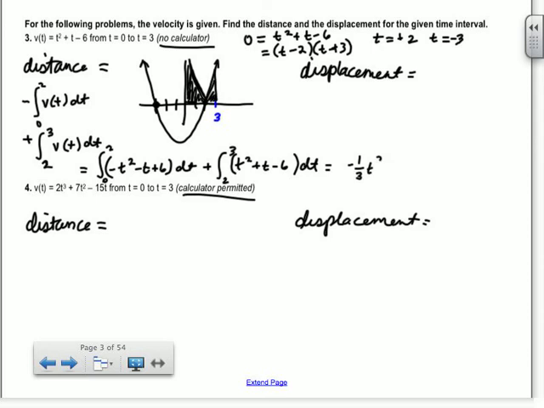So negative 1/3 t cubed minus 1/2 t squared plus 6t from 0 to 2. Should have given you more room for this calculator one, huh? So t cubed. It's plus t minus 6, the equation. Okay, because this was a minus on the first one.